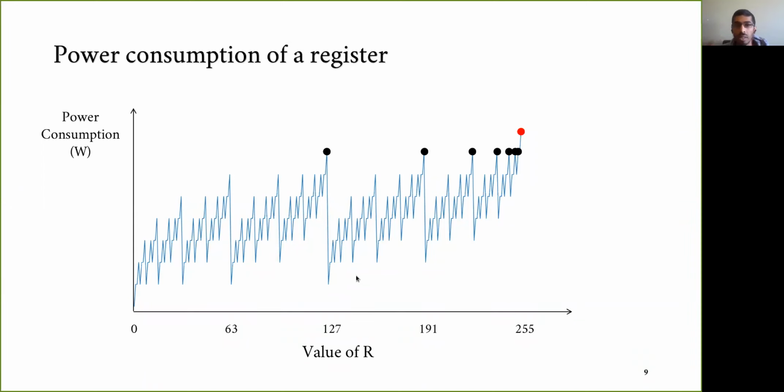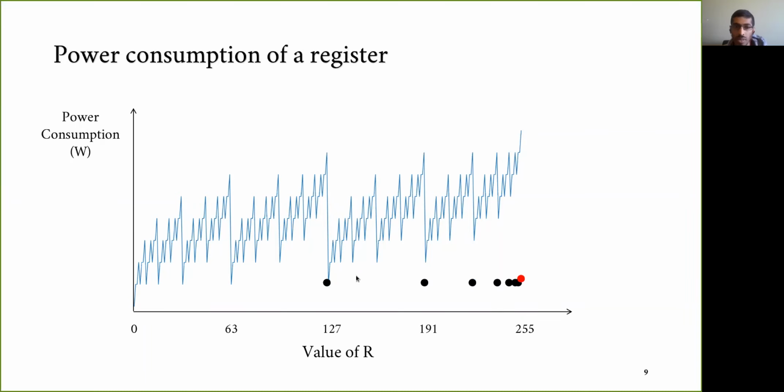Here the red dot shows that when the register is filled with all bits, you can say that's 255, and when the register is filled with 7 bits as 1 and only one bit as 0, there are multiple matches.